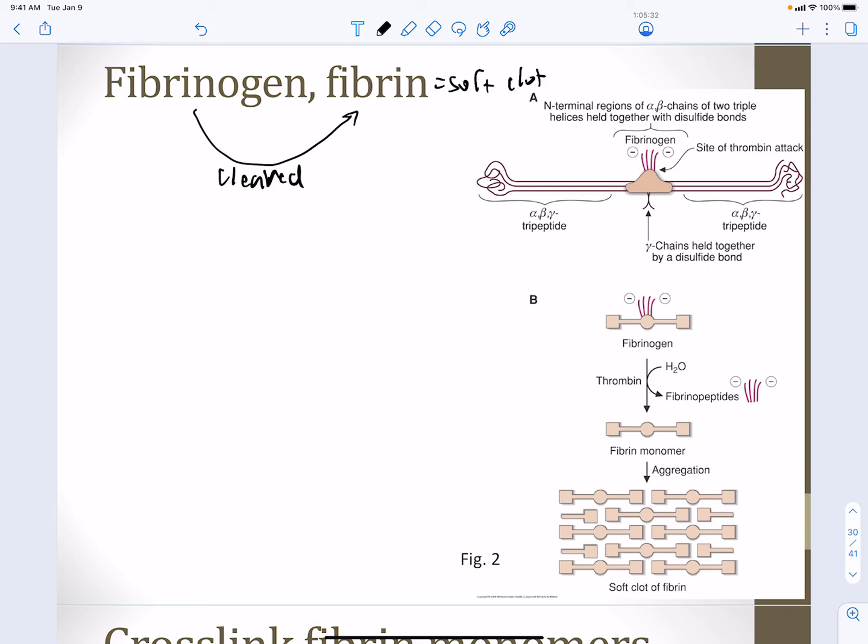Cleavage by the thrombin protease is going to release these fibrin monomers, which then will aggregate. So you have your fibrinogen shown here, you have your site of thrombin attack, and then you're going to get your fibrin monomers, and these are going to aggregate and form a soft clot.